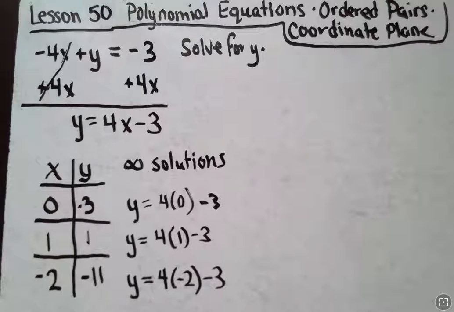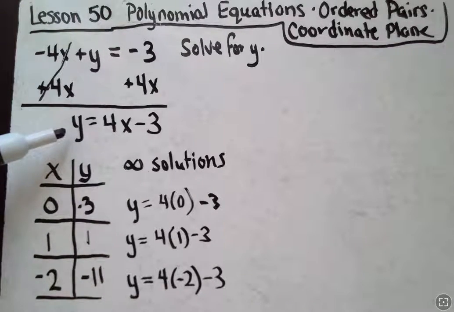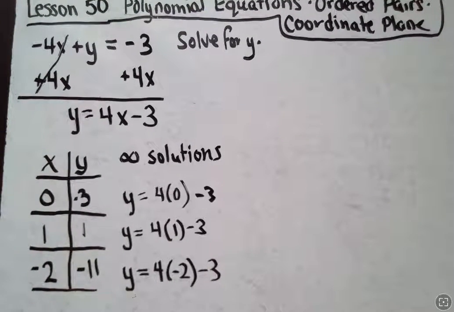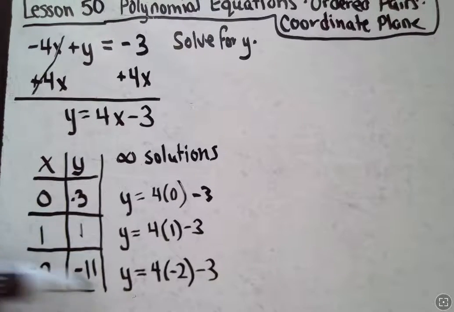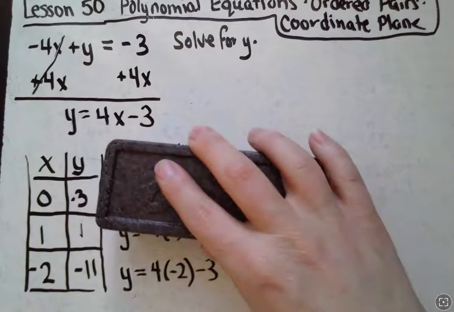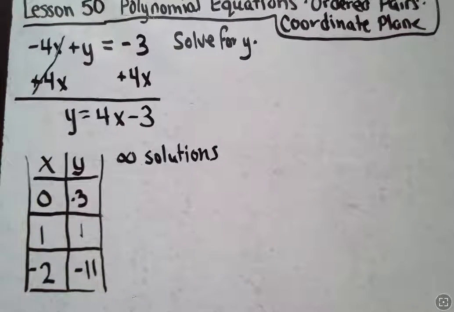And so these are just a few solutions. I could keep going if I wanted to, but it's just to show you that there are infinite solutions that satisfy this polynomial equation. All right, and one way that we can write these solutions, I just made this XY table of values. But another way to write these solutions would be using an ordered pair. So I know that we've learned about the coordinate plane in ordered pairs.